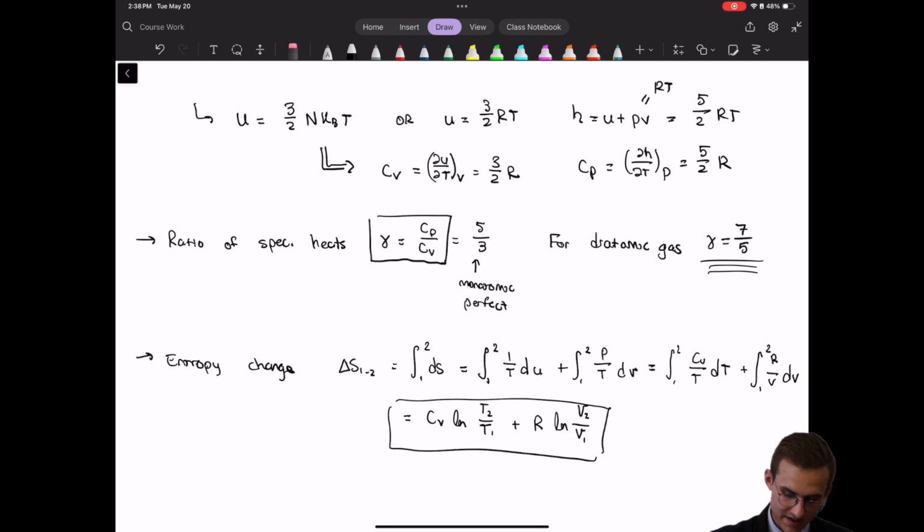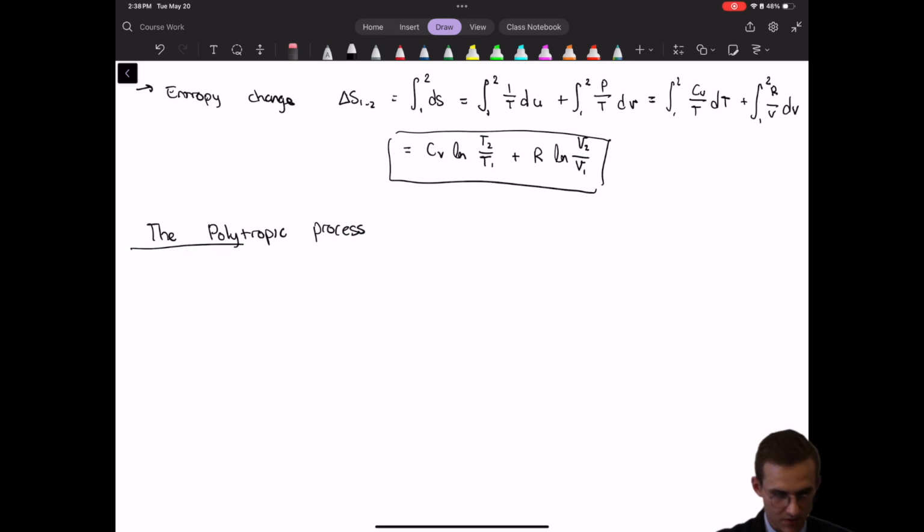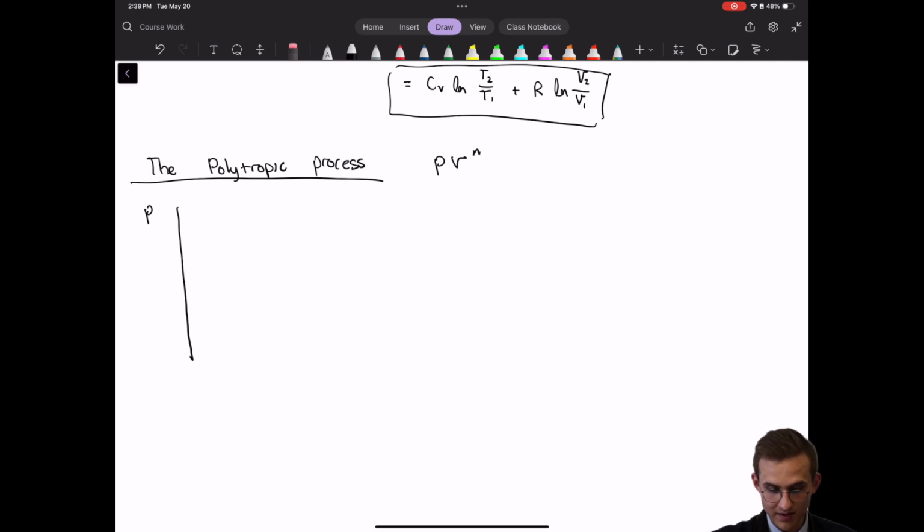Okay, and then the last thing that I wanted to sketch out for you here that you've probably seen before is this idea of the polytropic process. And then we'll be all done. So let's look here. The polytropic process is the following, where you have P times V to some value N, not necessarily an integer, equal to a constant.